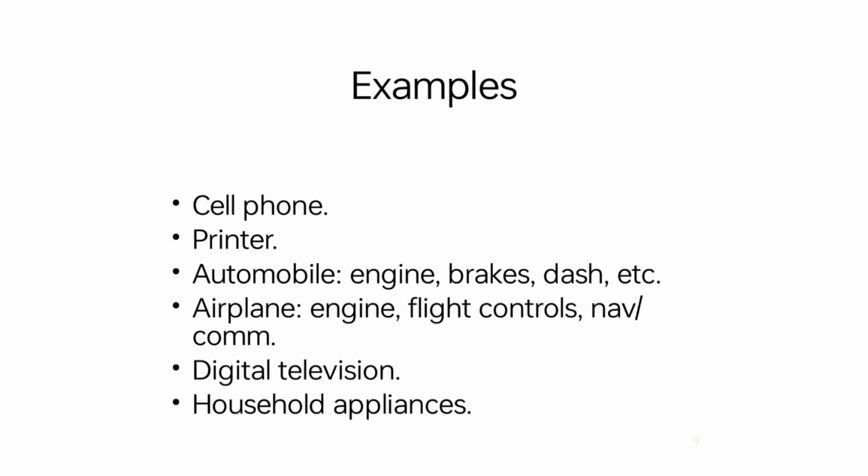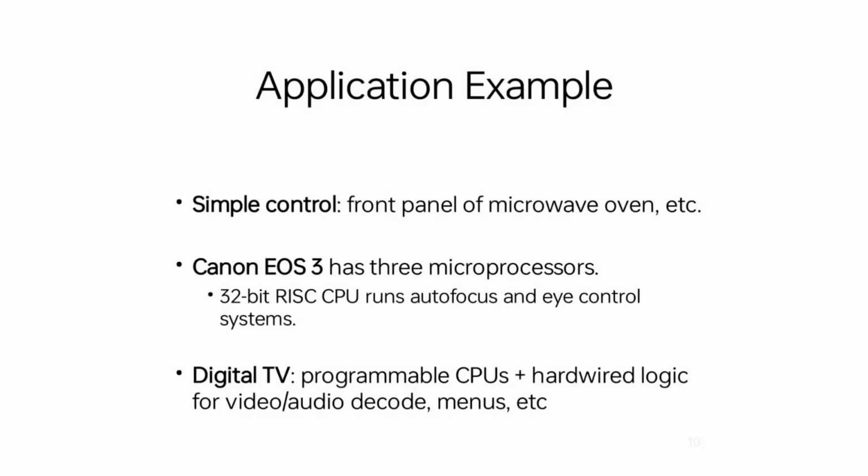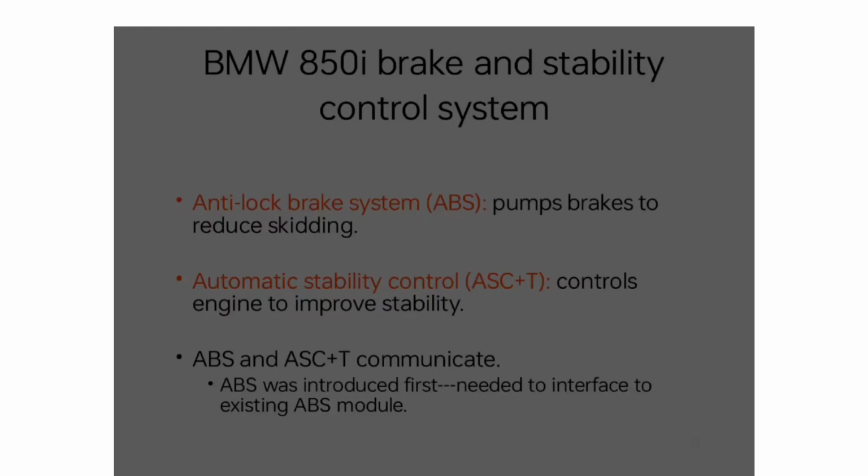The application examples are simple control, like the front panel of a microwave oven, etc. The Canon EOS 3 has 3 microprocessors. It has a 32-bit RISC CPU that runs autofocus and the eight-control system. In digital TV, programmable CPUs and hardwired logic for video and audio decode are available.